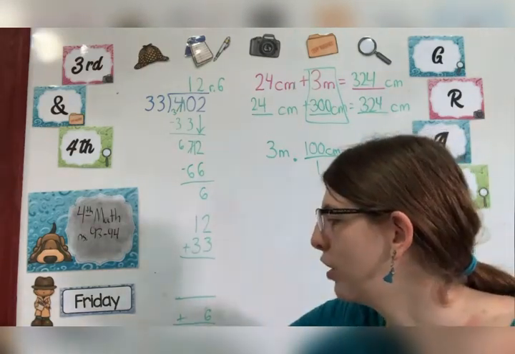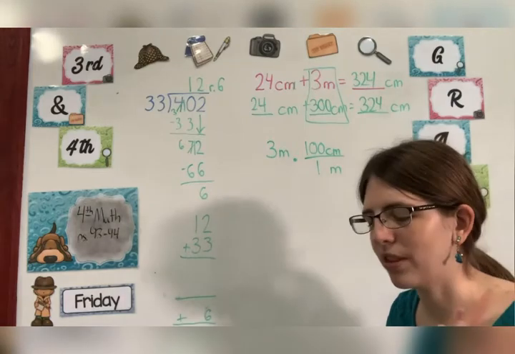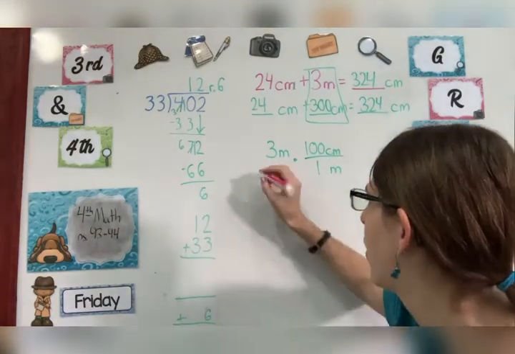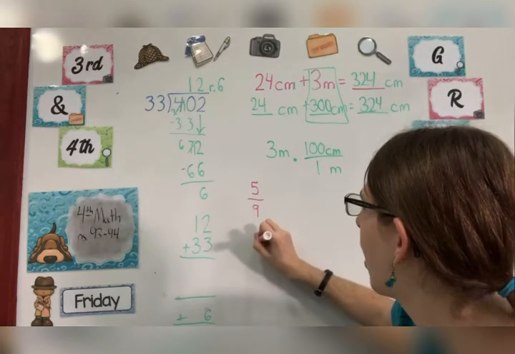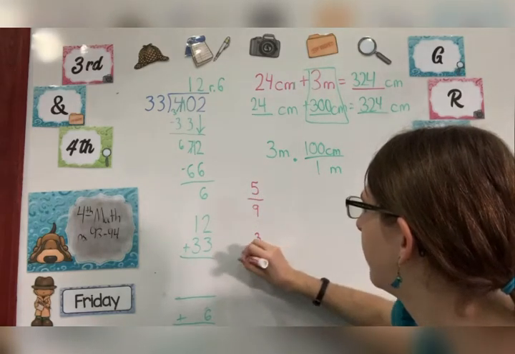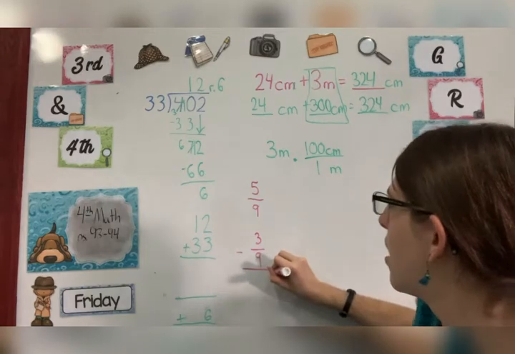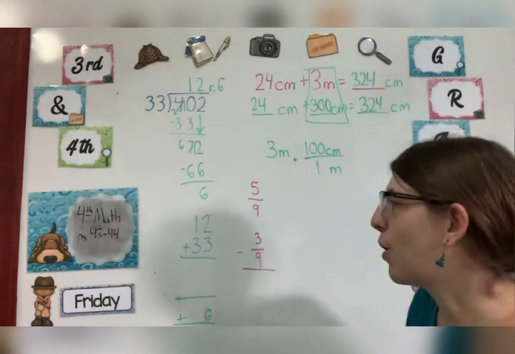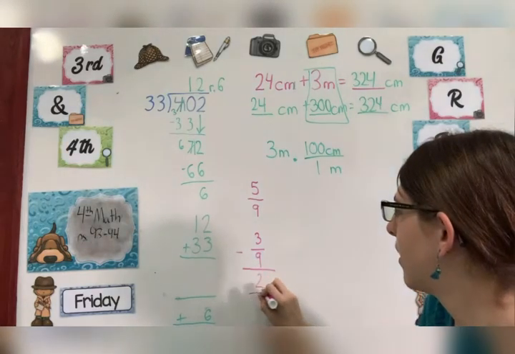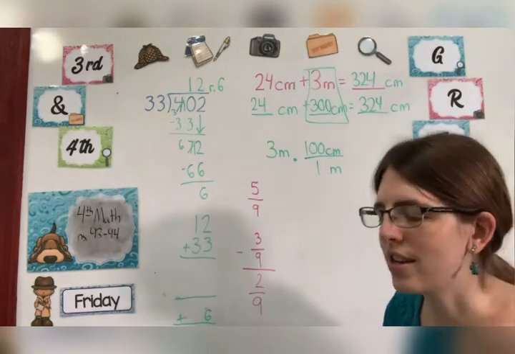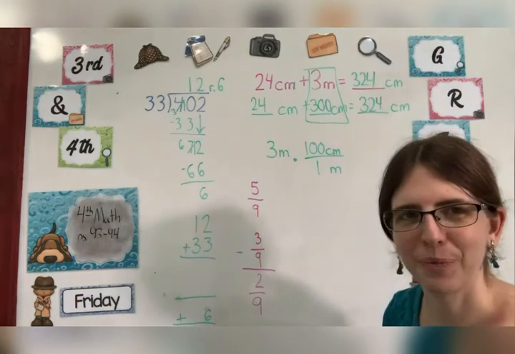We always put the bigger number first. 5/9 of a mile minus 3/9 of a mile. We have common denominators, so all we do is subtract our numerators. 5 minus 3 is 2. 2/9 of a mile farther.